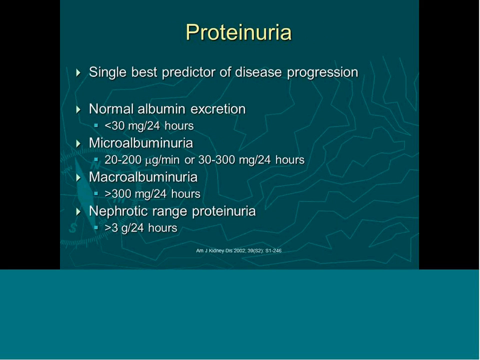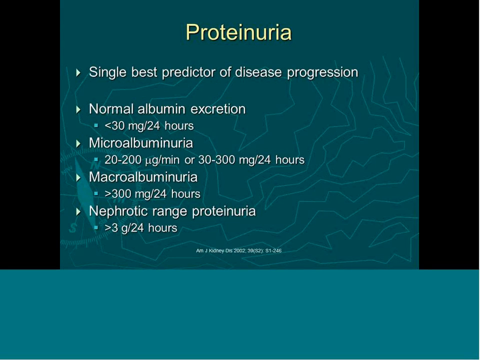Since then, multiple trials have been done that have shown the benefit of ACE inhibitors or ARBs in decreasing the proteinuria as well as preserving the kidney function. Some of the main ones are IDNT, RENAAL, and some others.